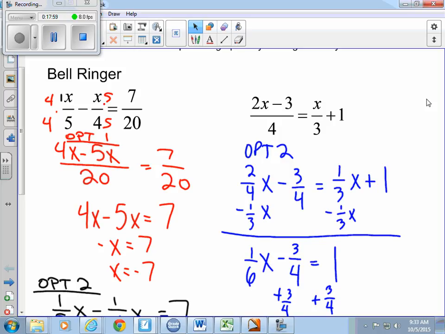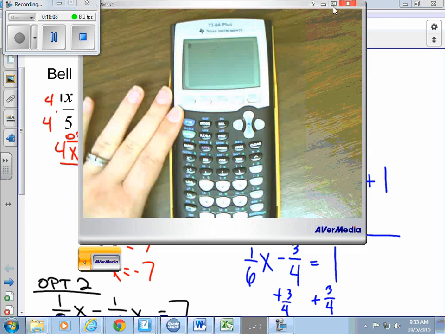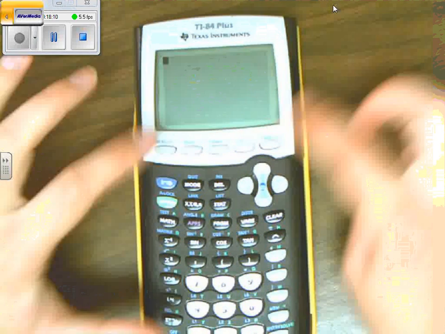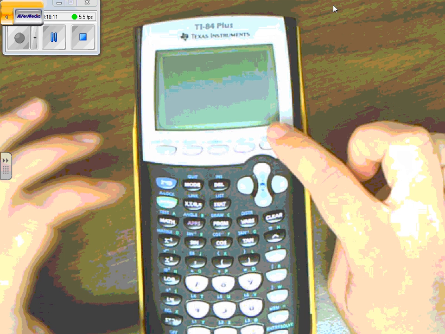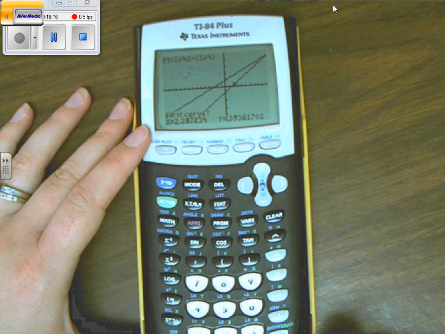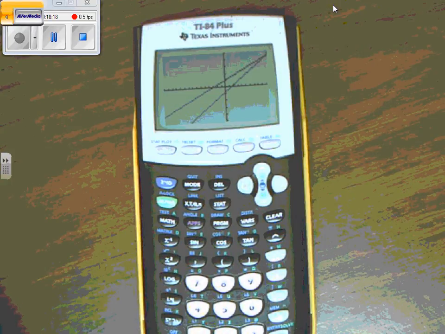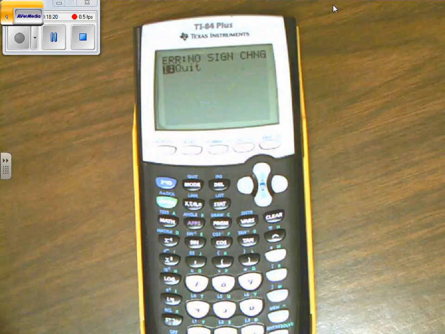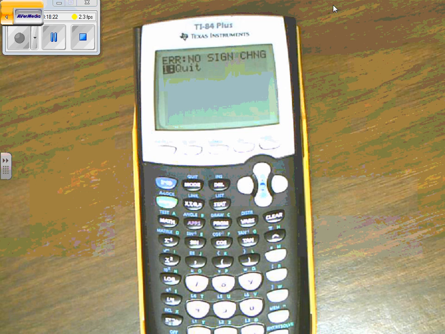Did you ever move your window out to the right? Okay, teaching moment. When Lily did this, when she went to second trace 5 and she tried enter, enter, enter, it said error, no sign change. That does not mean there's no intersection necessarily, but it does mean there's no intersection on your picture here. And so what she didn't do is change the window.